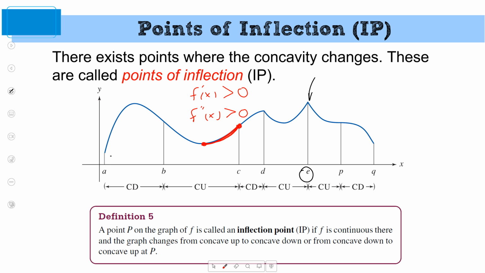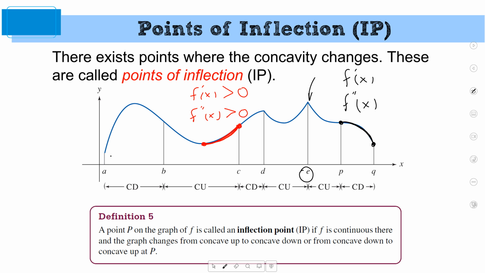Okay, let's try a different part of the graph. Let's go here. From P to Q. What do we know about the first derivative?